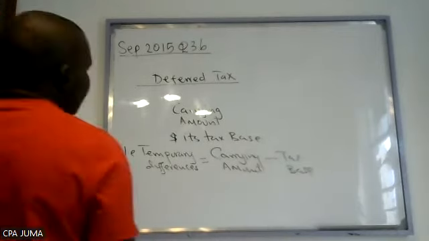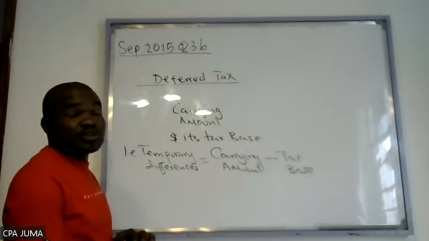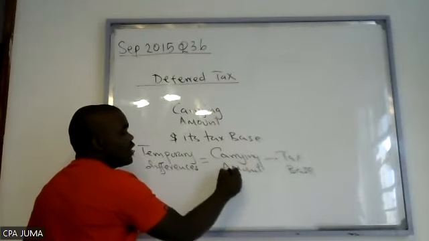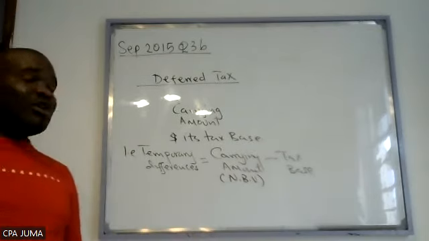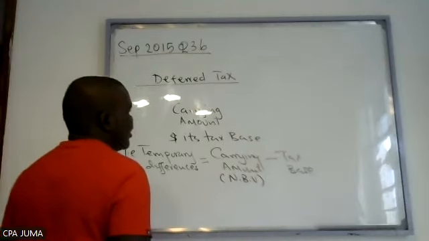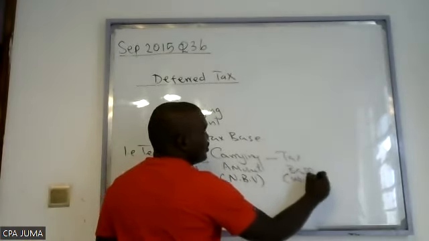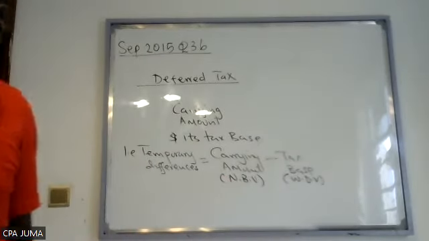Two important issues coming up. To shorten our issue as we move ahead, carrying amount is the one we normally call net book value, and tax base is the written down value.